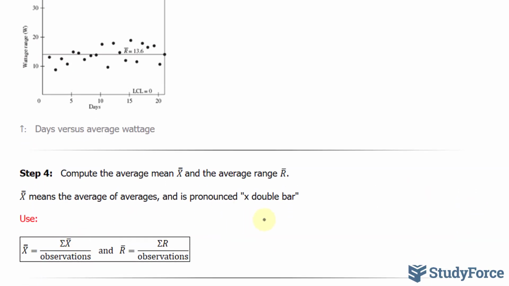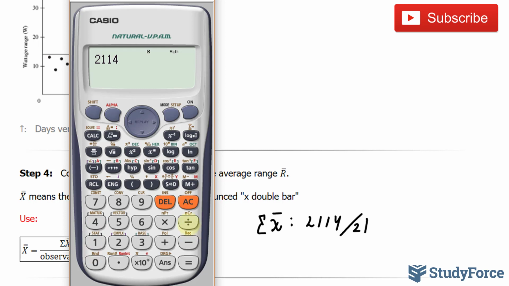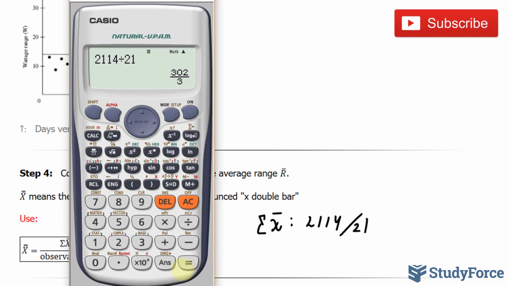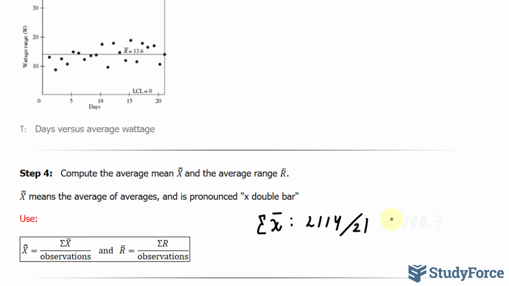The sum of X bar is 2,114, and the number of observations represents the number of days. Therefore, we'll take this number and divide it by 21. This will give me X double bar. Let me go ahead and do that. 2,114 divided by 21 gives us 100.66 repeating, or in other words, 100.7.